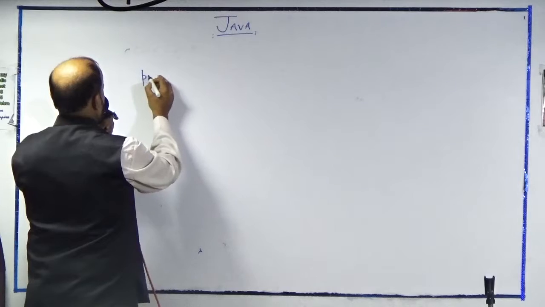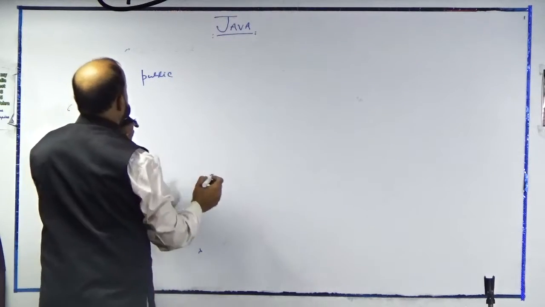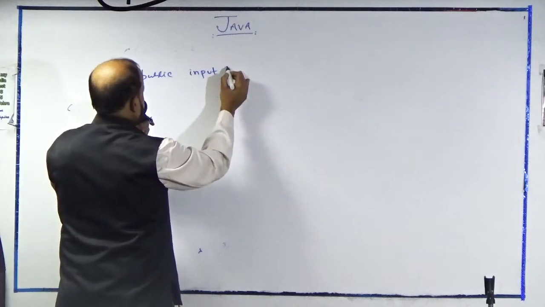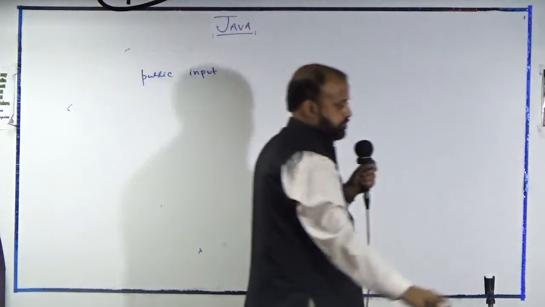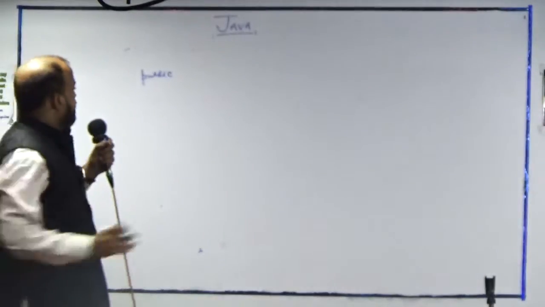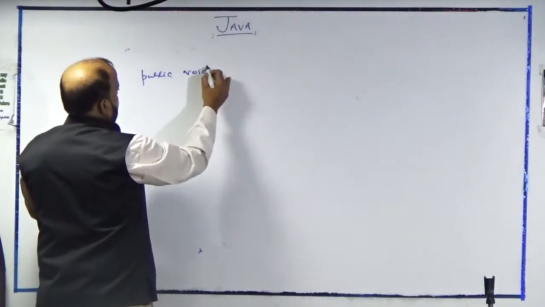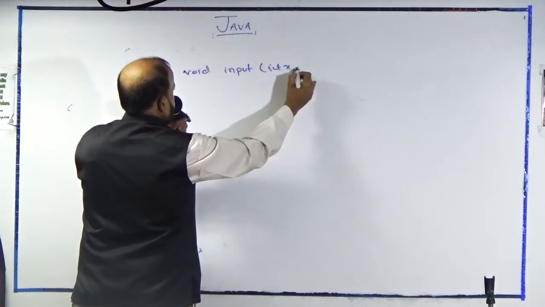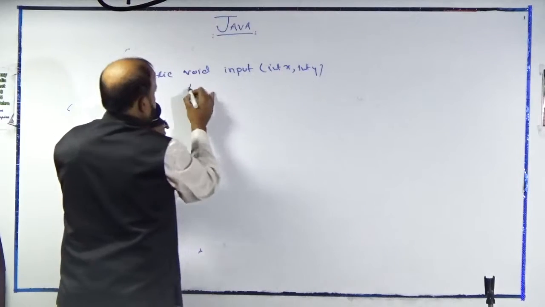Next function is, we have one public, suppose input. We need a return type. Here also I can take two arguments.